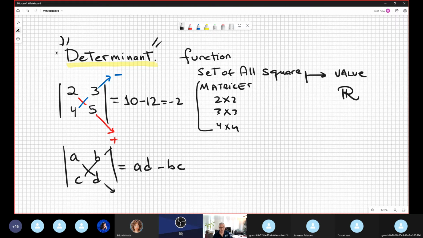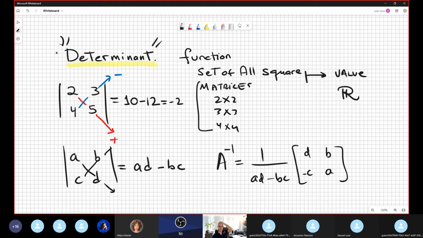You remember when you are doing the formula for the inverse matrix it was 1 over AD minus BC, and you copy here something like that. You interchange this guy, so it's D and A, and B and C stay in the same place, and you change the sign. This is the formula for the inverse matrix in 2 by 2, of course.